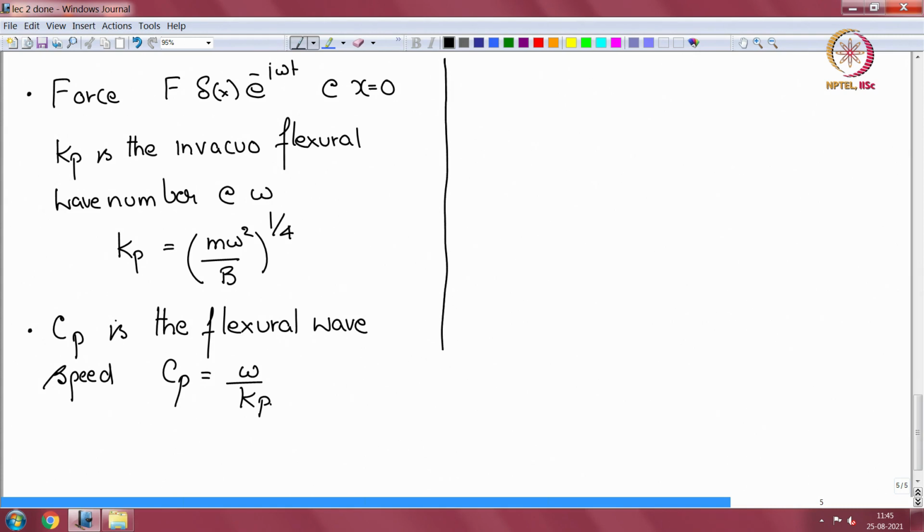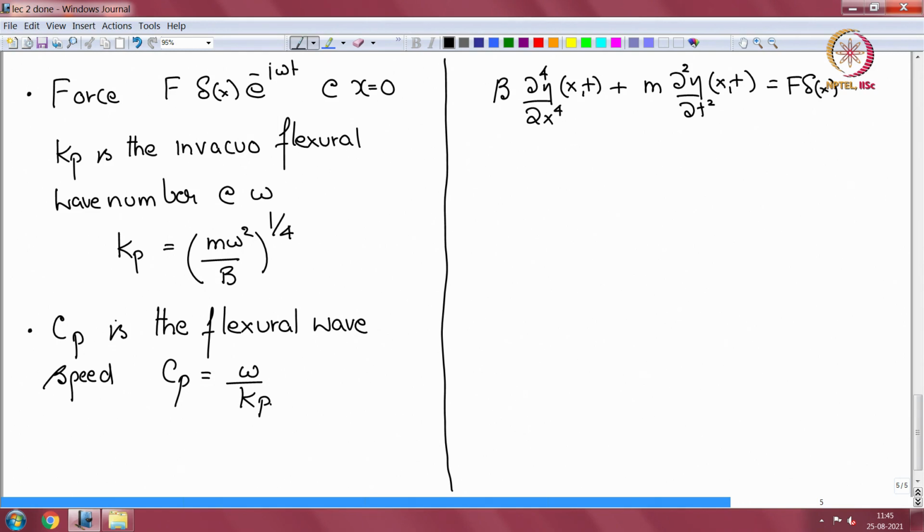Okay, and then we have the plate equation: B ∂⁴η/∂x⁴ (x, t) plus m ∂²η/∂t² (x, t) is given by F delta of x e to the power of minus I omega t, okay, minus a pressure term at x comma y equal to 0 comma t.